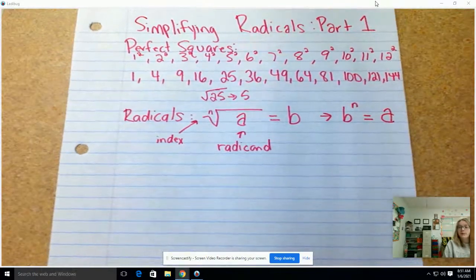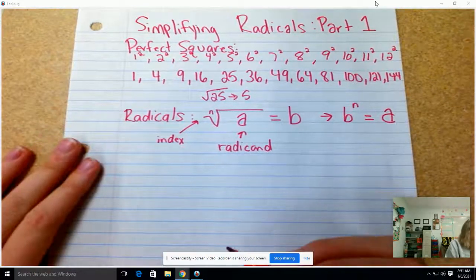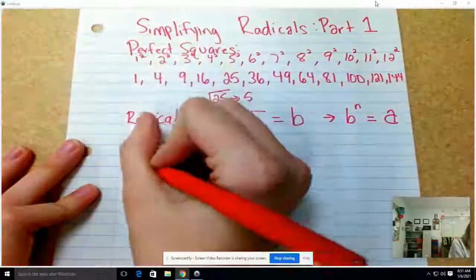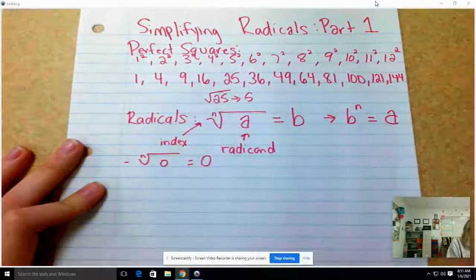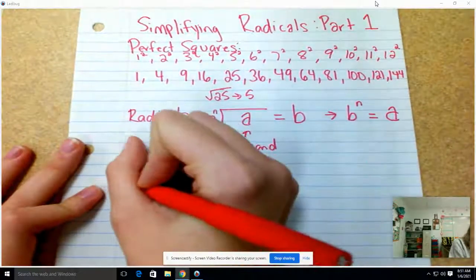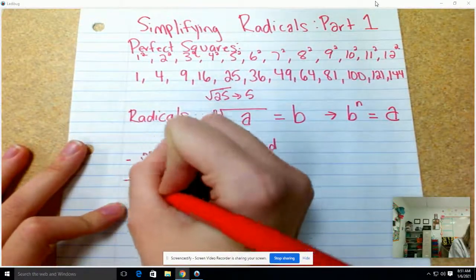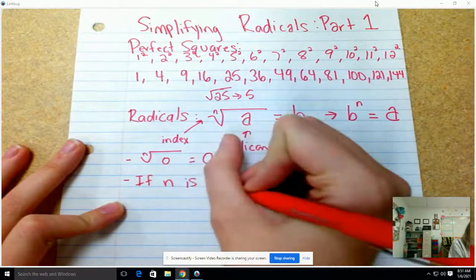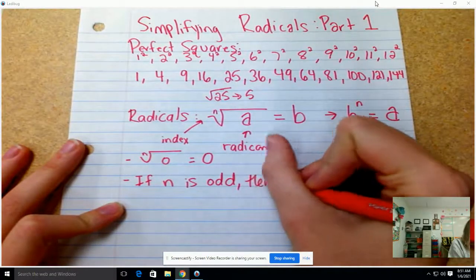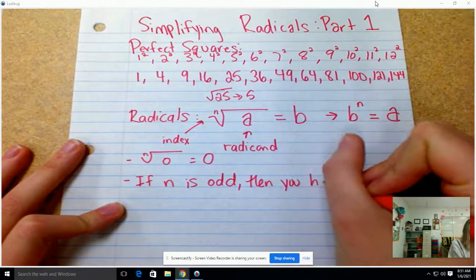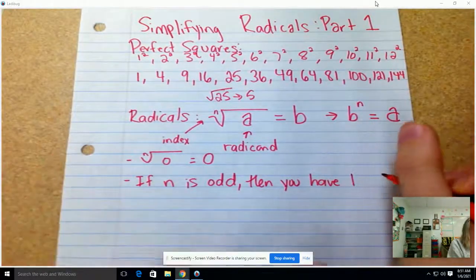And there are some properties of radicals. So the properties are the nth root of zero. The nth root of 0 is always 0. If n is odd, then you have one real root.